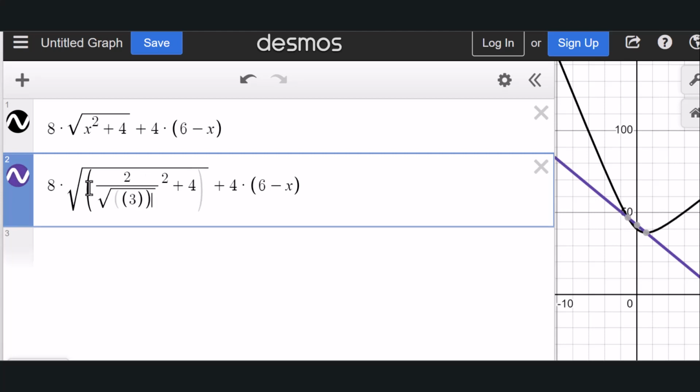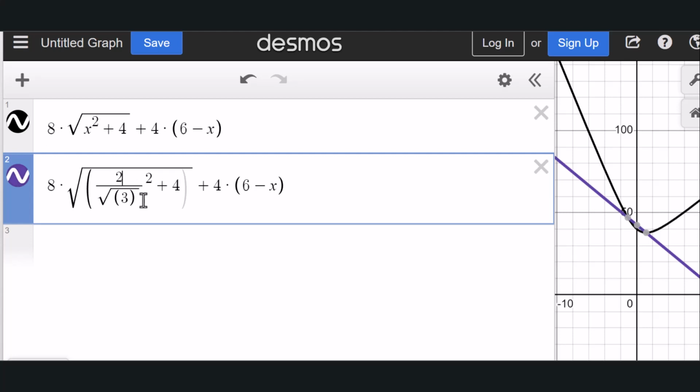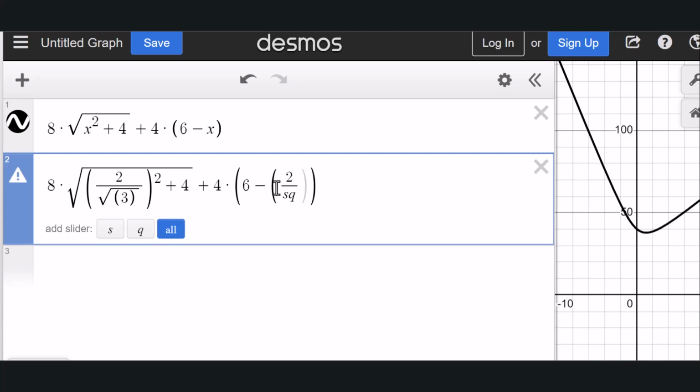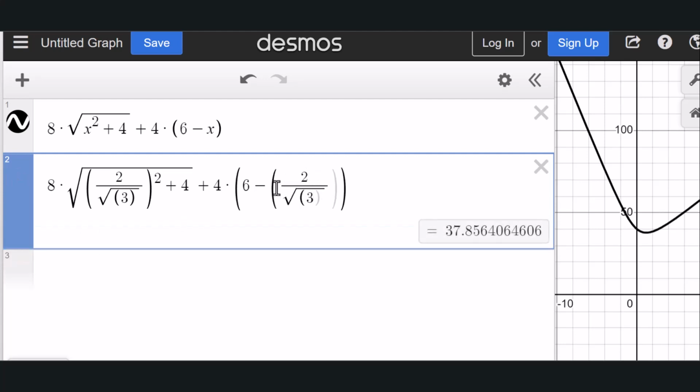And sorry about that. Right here, okay, very good. And this is also 2 over square root of 3, okay? And that comes out to be this quantity.